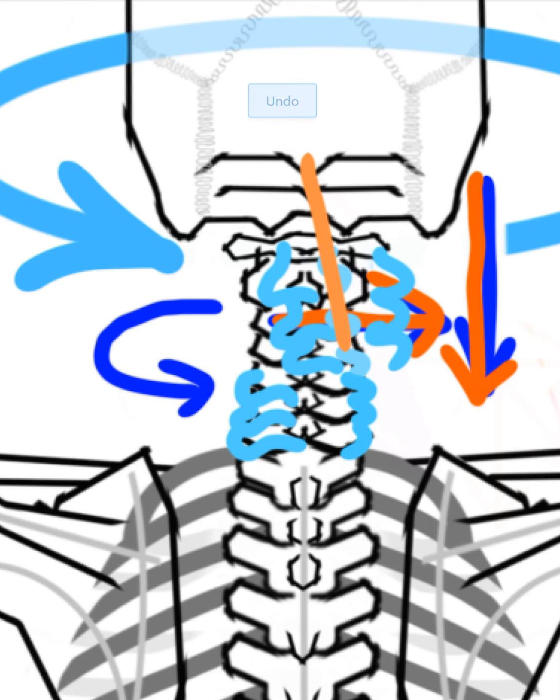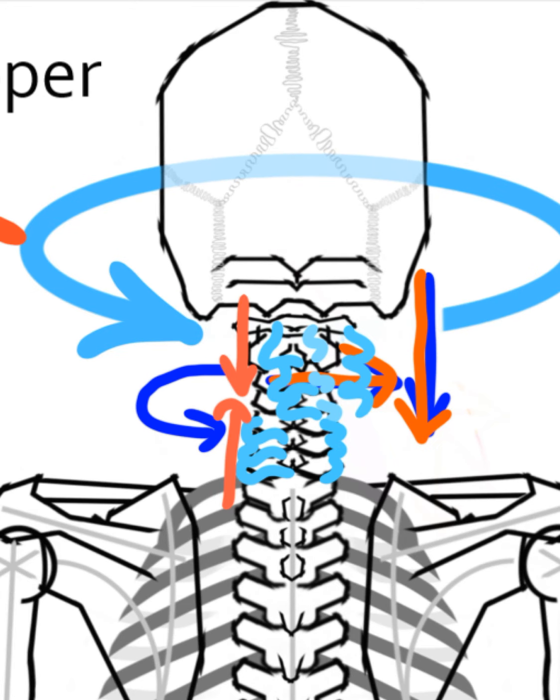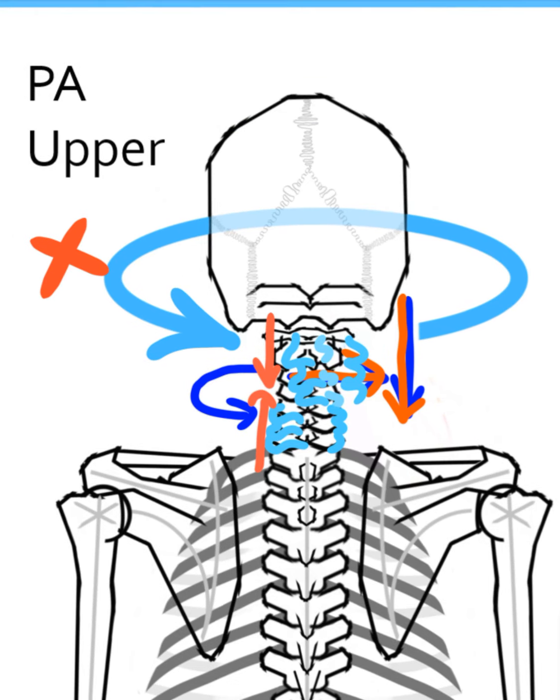So we get a side shift. So it's here, this angle, and kind of this angle going on. And because it's comparatively shorter, this gets complicated. Stay with me here. Because it gets shorter on this side, these facets will approximate together. We technically call that side bending, even though it's being pulled to the other side. Anywhere else you would see it opposite coupling.